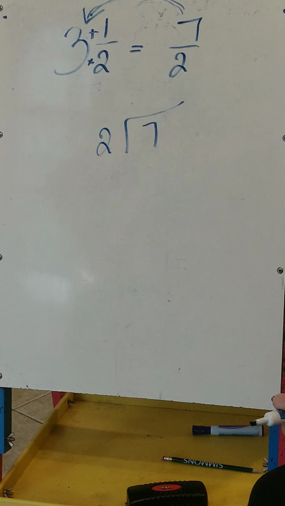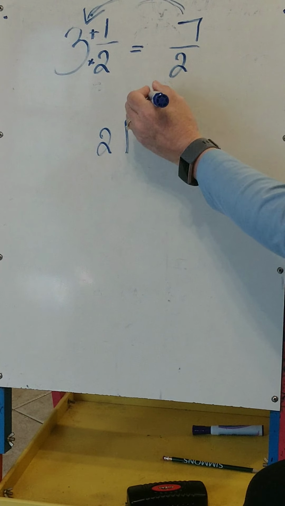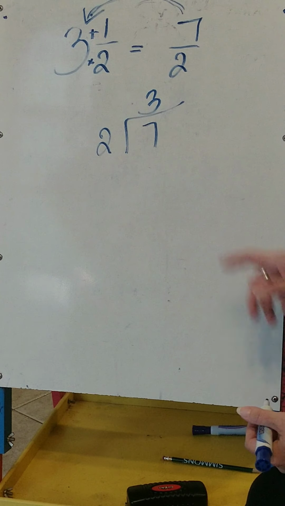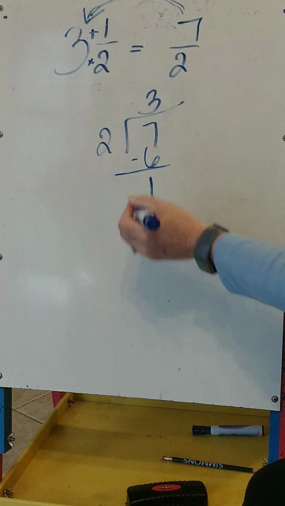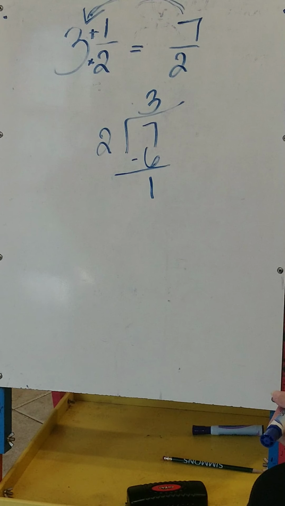And we would divide. 2 goes into 7 3 times. We then multiply. 3 times 2 is 6. And then we subtract, and we get a remainder of 1. Well, I want you to try and look at my division problem here and look at our mixed number and think about where we're getting our mixed number from.